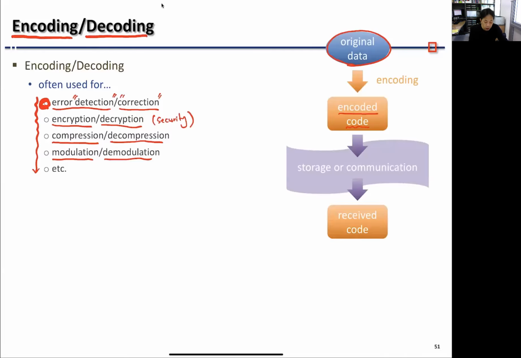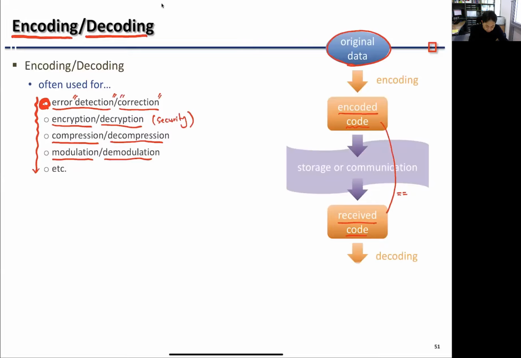Later on, you've saved it in the disk, or you've done communication, and later on you get that back. You might read something from the disk, or you might receive some information over the communication. Then we have the received code. Ideally, these should be identical. Unfortunately, it's not always like that, and that's the reason we're doing encoding and decoding.